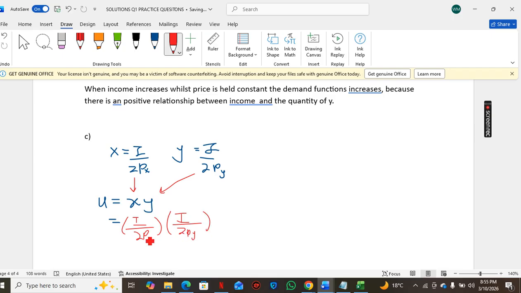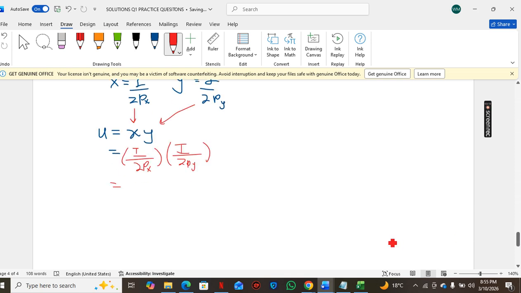Okay, then multiply. I times I, you're going to get I squared. Two px times 2py, you're going to get 4pxpy.